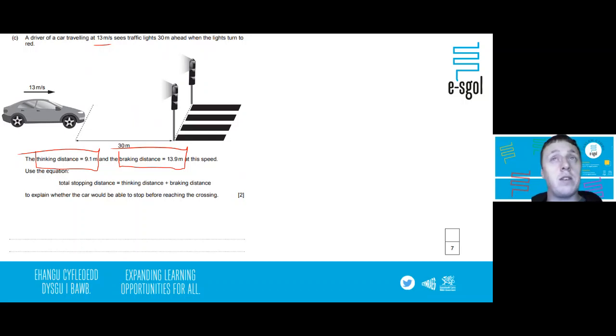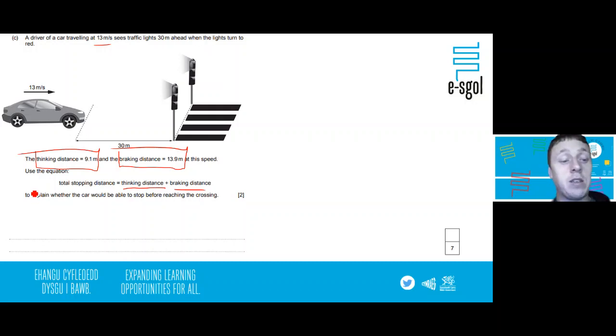The thinking distance is 9.1 meters and the braking distance is 13.9 meters at this speed. Remember that the total stopping distance is simply the thinking added to the braking. Use all of this information to explain whether the car would be able to stop before reaching the crossing.